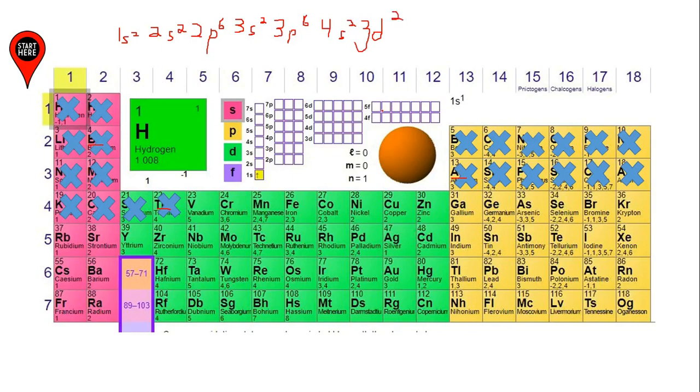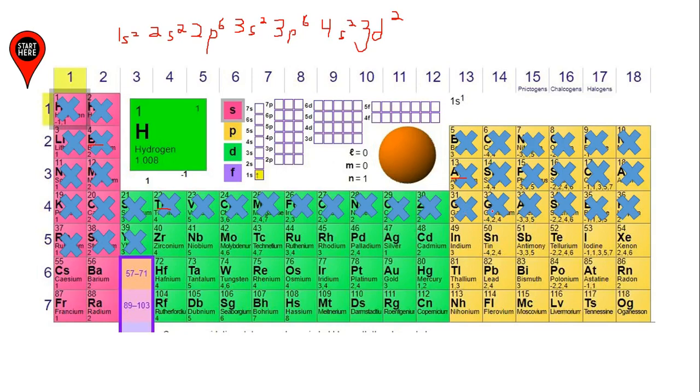This is going to work for most anything. I'll show you the ones it doesn't. But basically, you just do it like this, right? So if we are going all the way to rubidium, you have to do the 4S and then the 3D, and it's 10. You can see here 1, 2, 3, 4, 5, 6, 7, 8, 9, 10. So it would be 3D10.